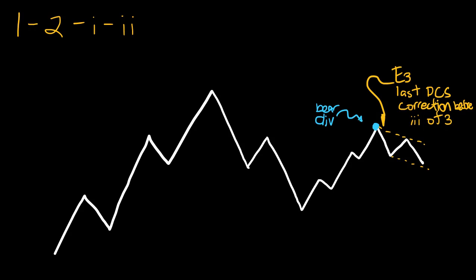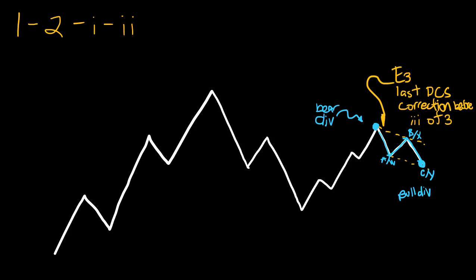Then afterwards, a 3-wave correction will take place, whether in the form of an ABC or a WXY pattern. Then lastly, an occurrence of a lower time frame bullish divergence.